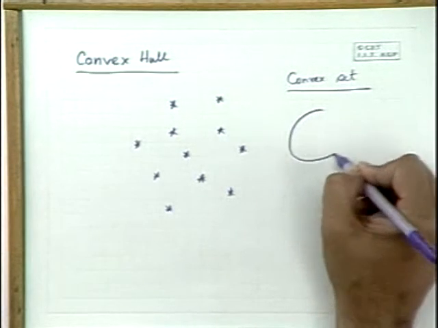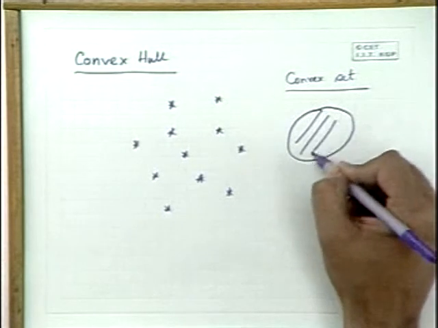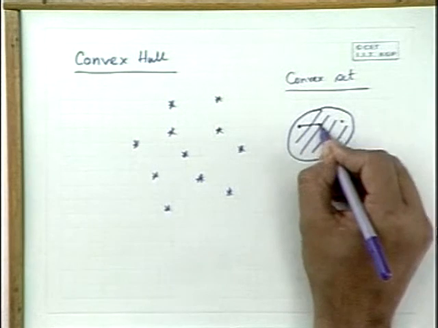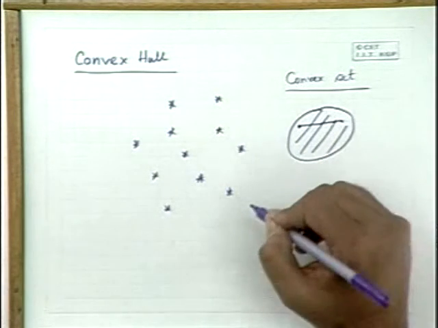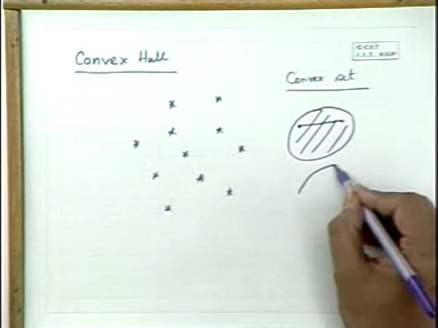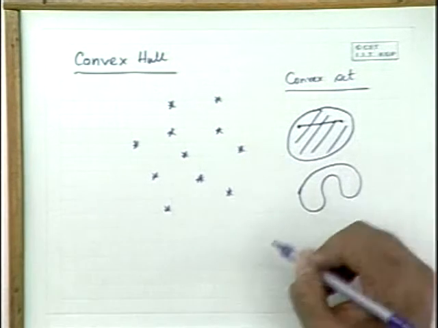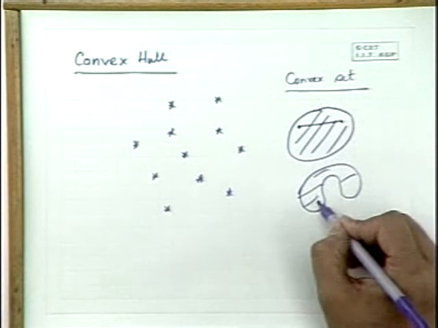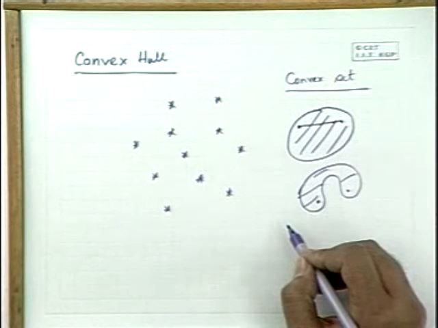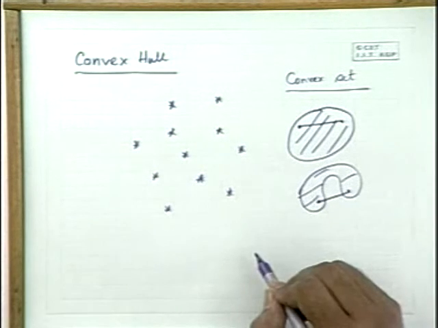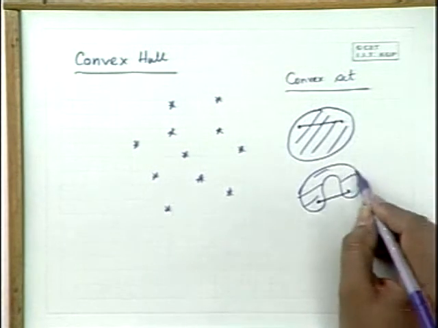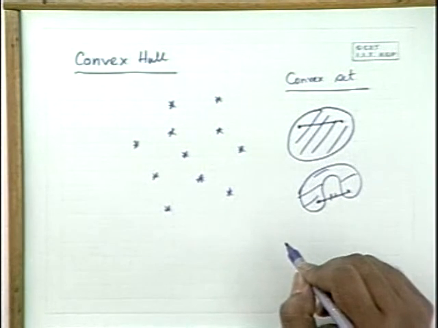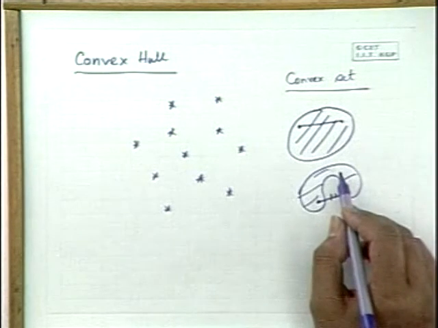So like this one, this set is a convex set, because if I take any 2 points, say here and here, the entire line segment is lying within the set. But for example, you take this, it is not convex anymore, because if you take say this point and this point, then this line segment is not lying within this entire set, because this part is out. So this is not a convex set.